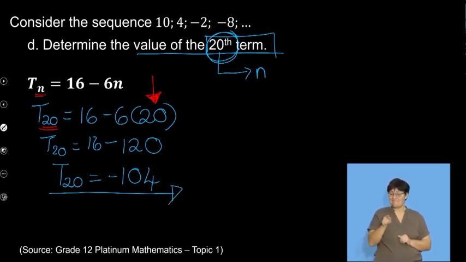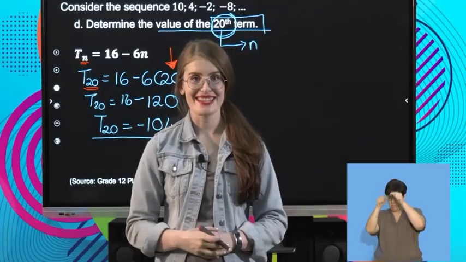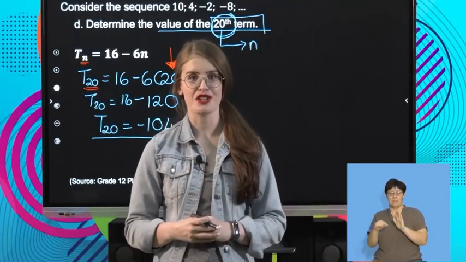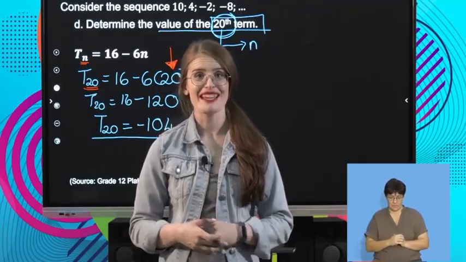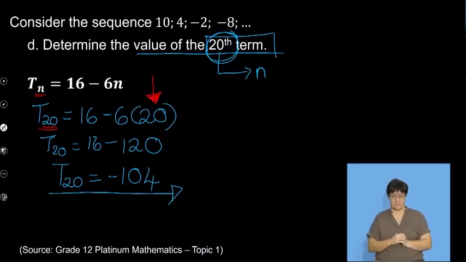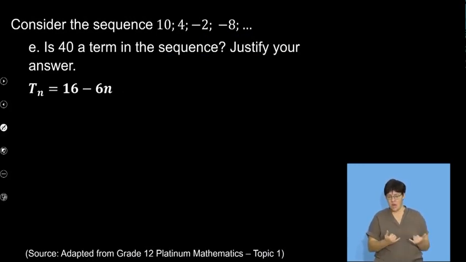For this specific example, I substituted in n is equal to 20 to solve for the value of the 20th term. I can see that the value of the 20th term, as you can see behind me, is negative 104. Let us move on to the next part of the question.